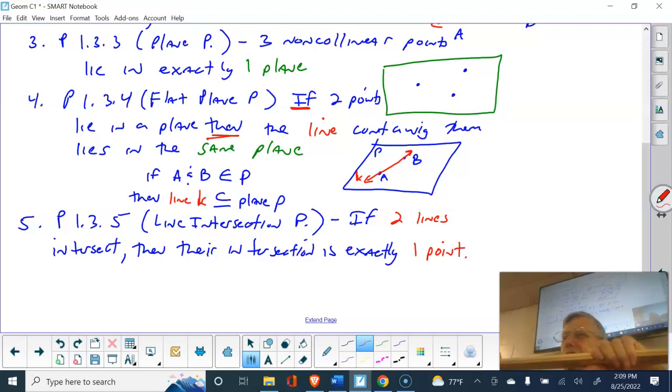In geometry, we only consider that as one line, so that we don't have an infinite number of intersections like you would in algebra. Any line that goes through the same two points is the same line in geometry. So the only other possibility then is if they intersect, they've got to intersect at a single point. That's the only possibility. There is nothing else. All right, and I'll have to pick up here tomorrow.